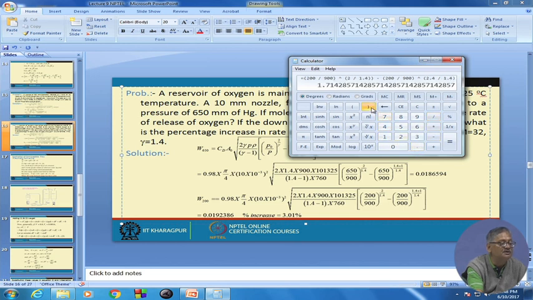So this becomes that, becomes this, becomes this, right. So hopefully then again some mistake has been done.